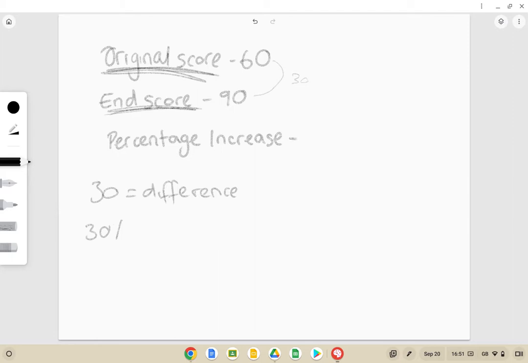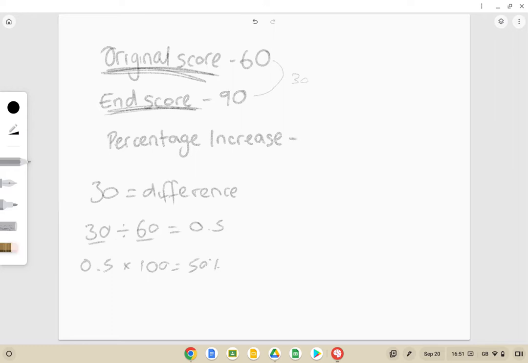So you divide the difference, which is 30, by the original score. That takes us to 0.5. 0.5 is then times by 100, and that is how you get 50%. So you divide the difference by the original score.